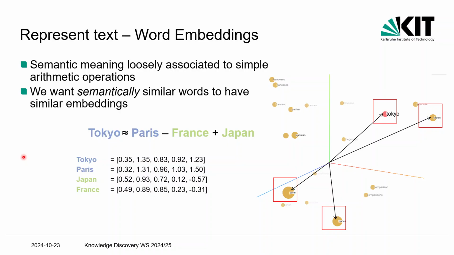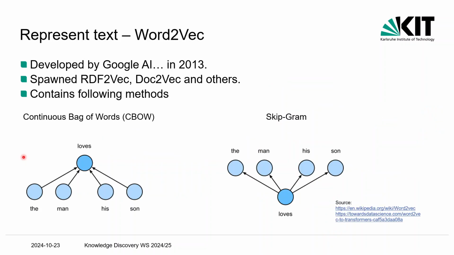So there is an approach that is relatively simple, but it's mostly historical at this point. It's relatively simple, but it really set a huge precedent, to put it that way. Namely, it's called Word2Vec. It was developed by Google AI 11 years ago at this point.